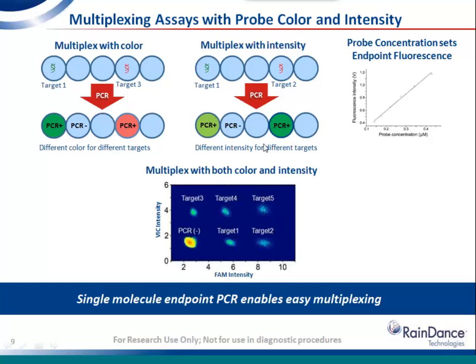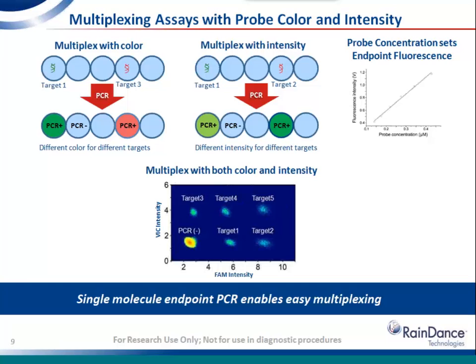At endpoint, the PCR reaction results in bright droplets for both of these targets, but target number 1 has half the intensity at endpoint as target number 2. And you can easily see these different clusters on the scatter plot.